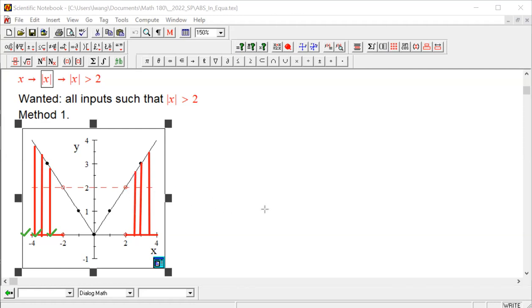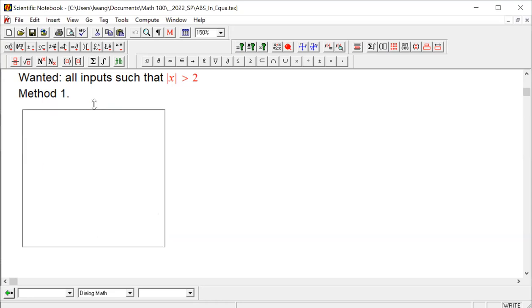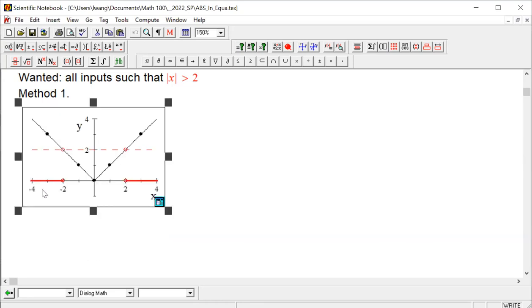So needless to say, the solutions are all the numbers less than -2, or all the numbers larger than 2. So how do we express that? Well, this is how we express it. I'm going to express it underneath this piece.